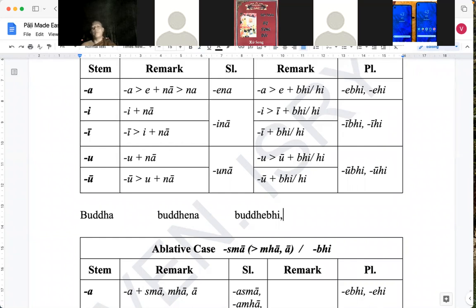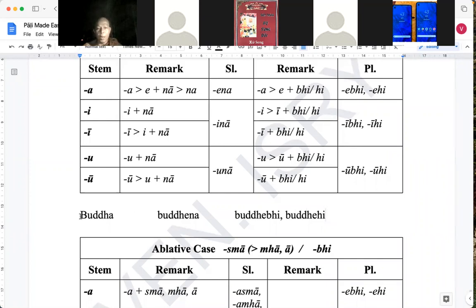Also here, bi is with the aspirate sound. In that letter, sometimes the preceding sound can be silent, and what remains is hi. So that is also hi. So Buddha plus hi.